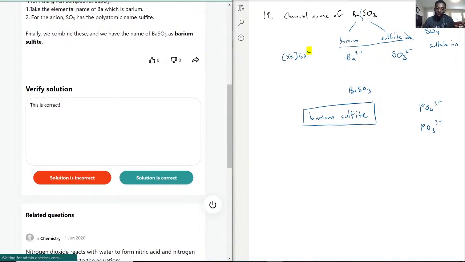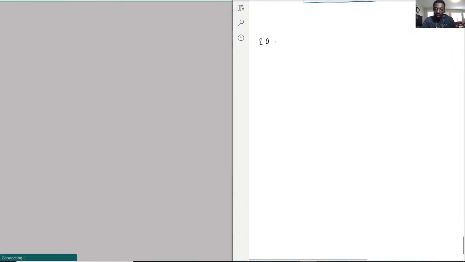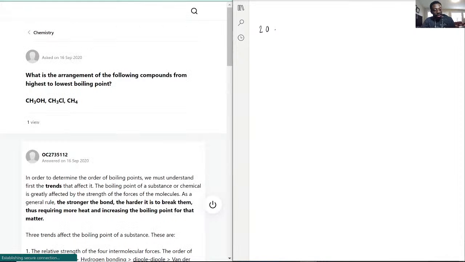On to question 20. What is the arrangement of the following compounds from highest to lowest boiling point?